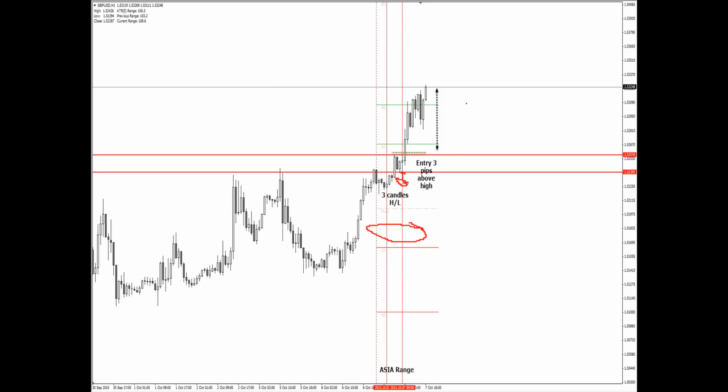You see, the pound dollar trade which happened today exactly at the breakout was successful. Your entry is 3 pips above the high. So 3 pips above 52.57 is 52.60. There was a breakout entry.